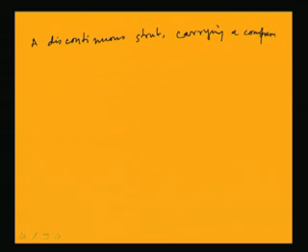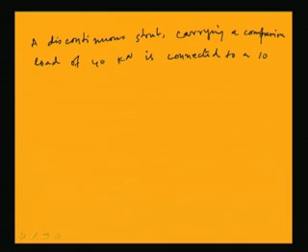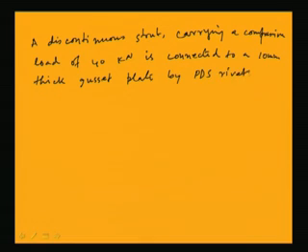Say a discontinuous strut carrying a compressive load of 40 kilonewton is connected to a 10 mm thick gusset plate by power driven shop rivets.